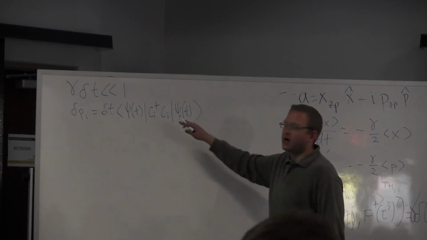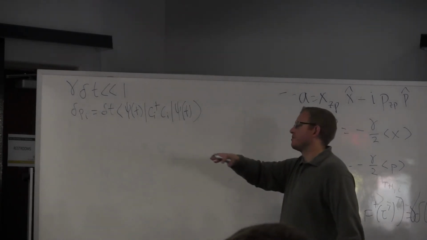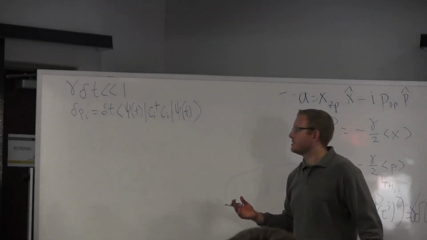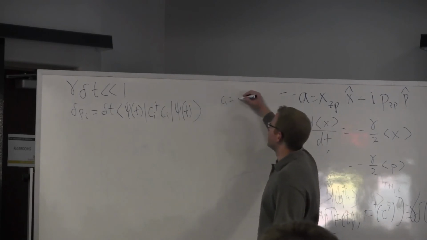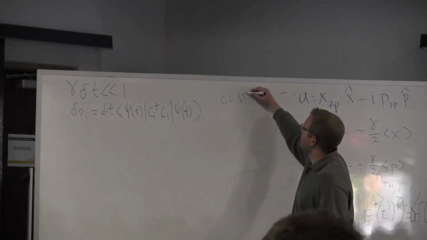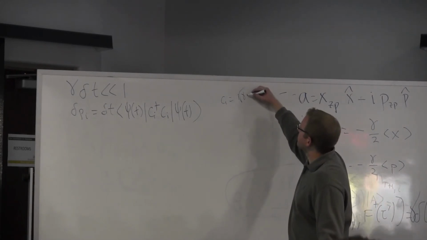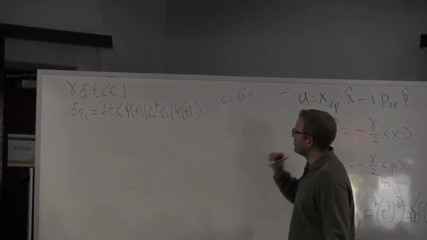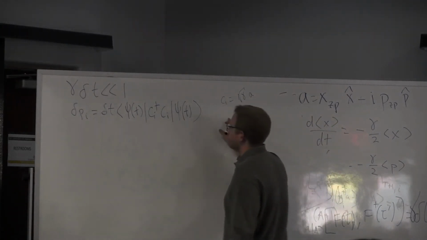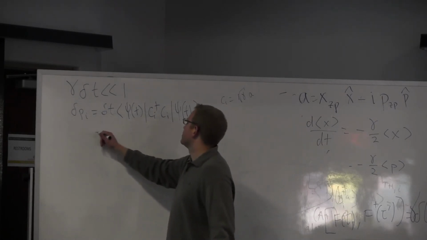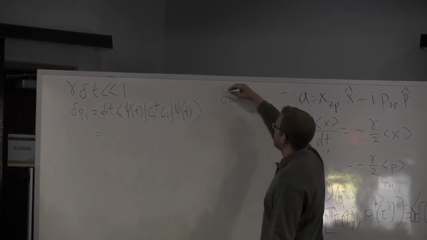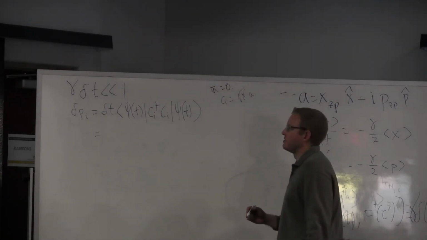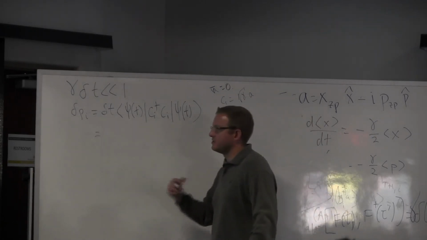For example, if I'm talking about the harmonic oscillator, remember this c_i is like root gamma times A. So the probability of the system jumping is something like this, and I'm going to take the reservoir n bar to 0, so I'm looking at a system at zero temperature. I can still get a quantum jump because there's still a reservoir.